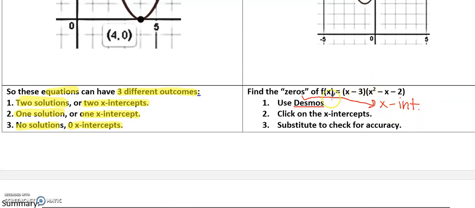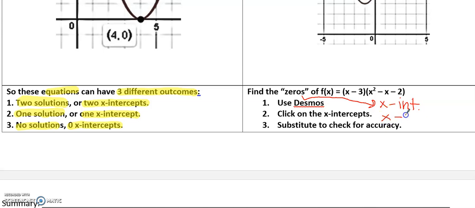Before, to find the zeros, we set f of x to 0, we factored both of these, and then we used the ZPP, the zero product property, to solve. But this time, you're going to simply type this whole thing in Desmos. It's a little tricky. Make sure you're careful with your grouping symbols, your parentheses. And then you're going to just simply click on the x-intercepts, and then you're going to only give me the x values.